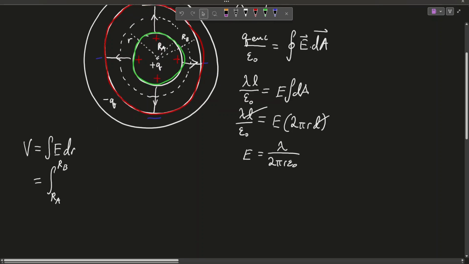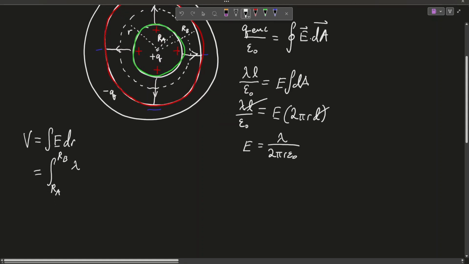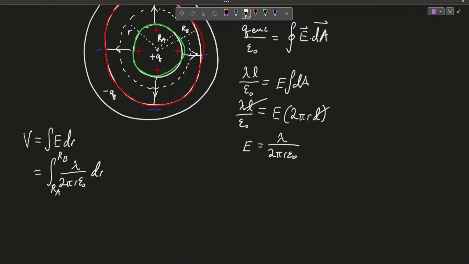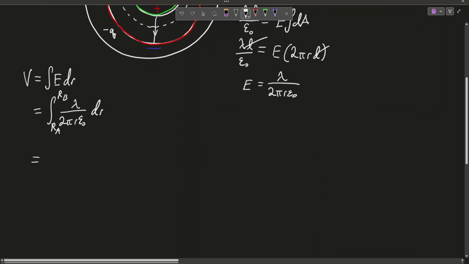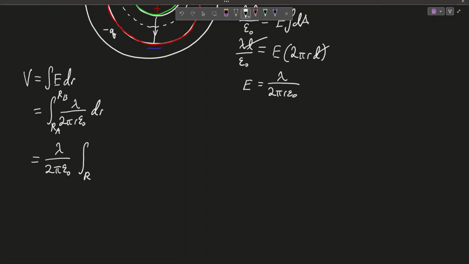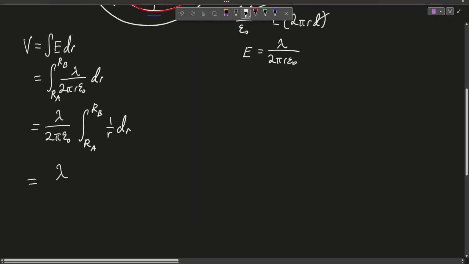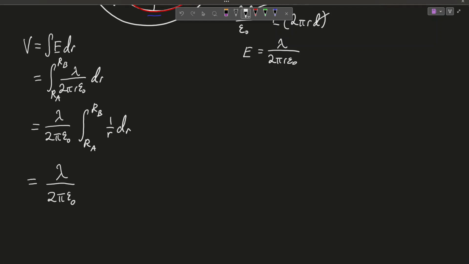Alright, so then we're going to plug in our E, which is lambda over 2 pi r epsilon naught dr. So then we'll pull out a bunch of coefficients, lambda over 2 pi epsilon naught times the integral from RA to RB of 1 over r dr. So this is going to come out to lambda over 2 pi epsilon naught times the natural log of r from RA to RB.